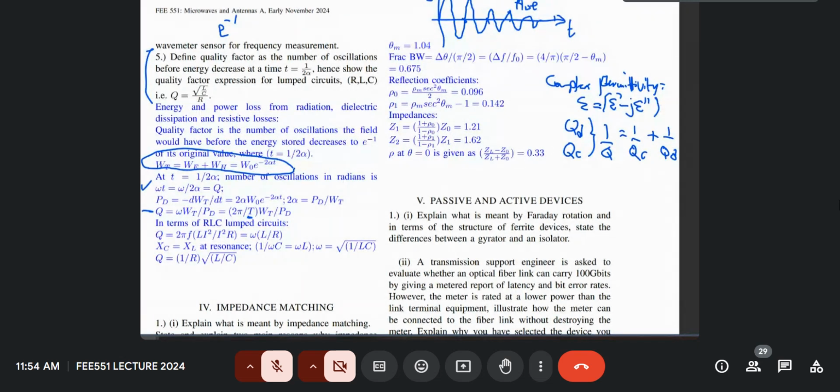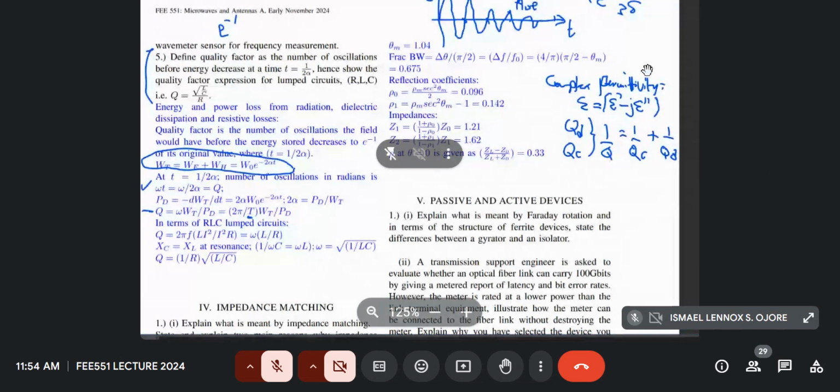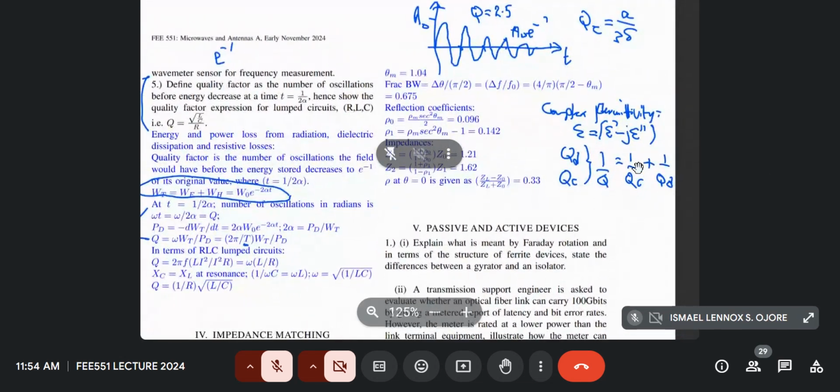Q due to C we know. For example, for a cubical cavity, we know Q, C. Anyone remembers? It's not good to cram it, but because it's a cube, the dimension is just A, so it's normally A over 3 times the skin depth. So you can compute QC based on the factors that you are given.